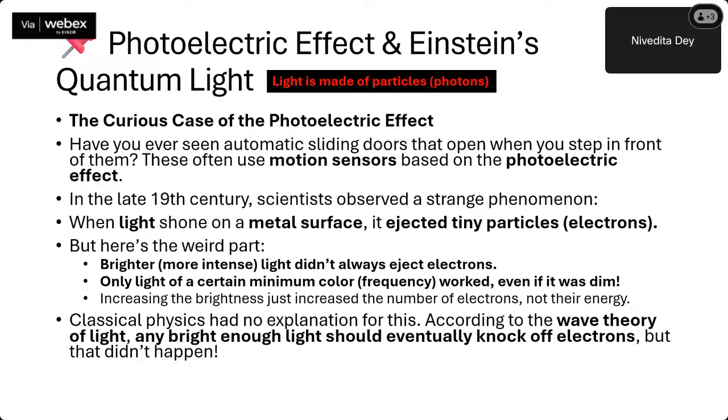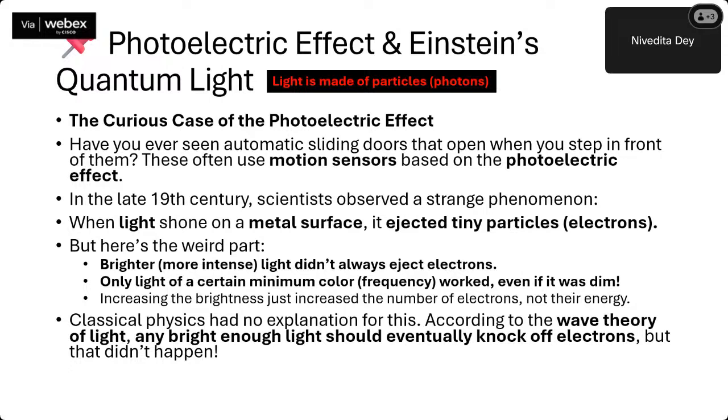By the wave theory of light, any bright enough light should eventually knock off electrons, but it didn't happen. Even a dim light was able to produce something. That again means that light is made up of particles that have a quantized factor. So it's basically the photons.